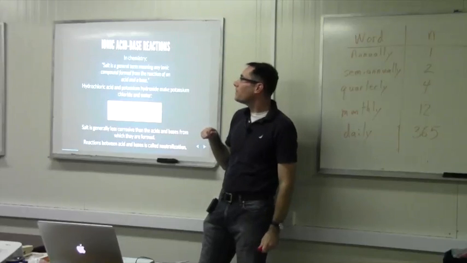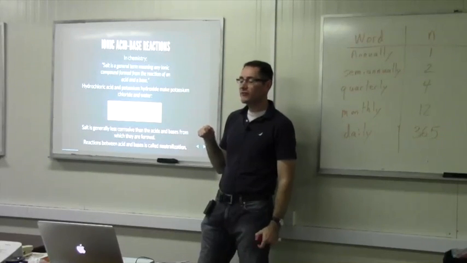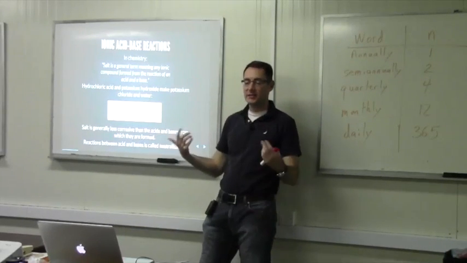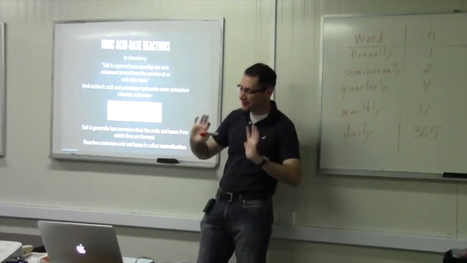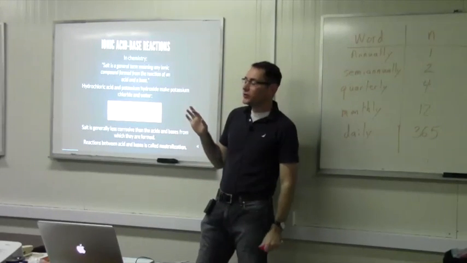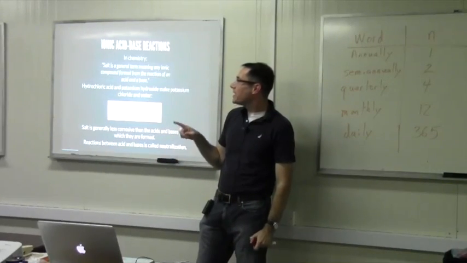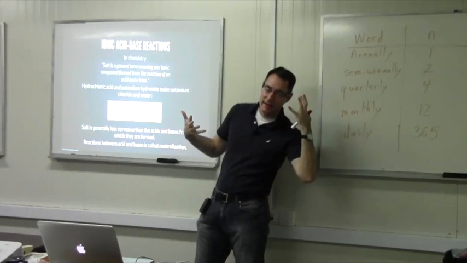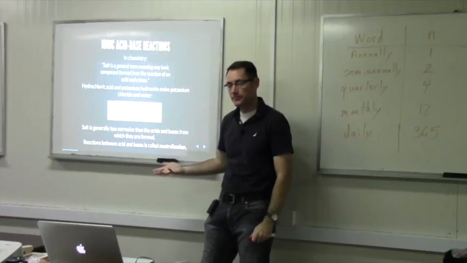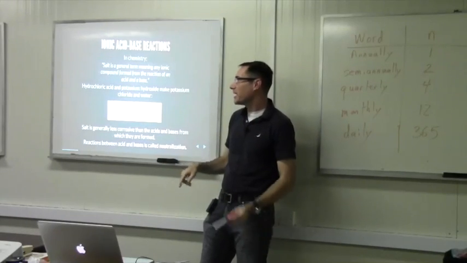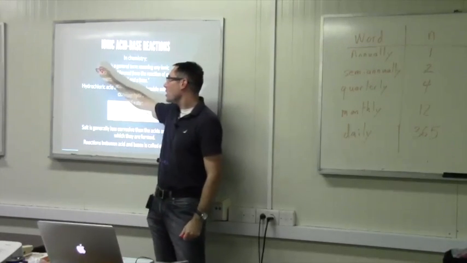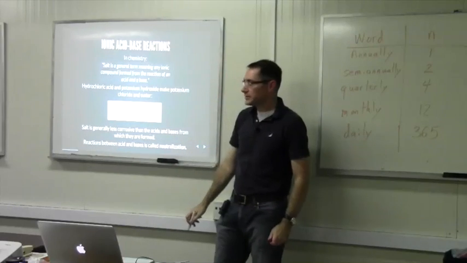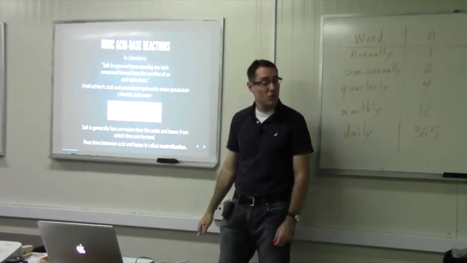Okay. So let's talk for a minute about ionic acid-base reactions. Now, we're not talking about anything different here, but when you look at a reaction between an acid and a base, you end up with this thing that we technically call a salt, okay, and I don't just mean sodium chloride.